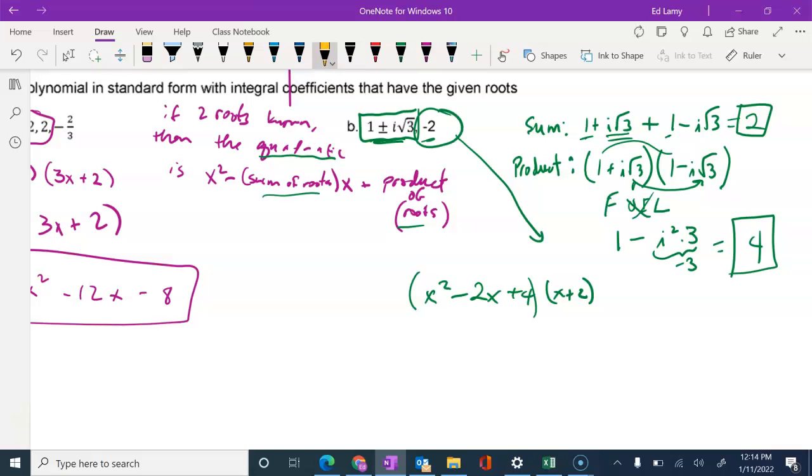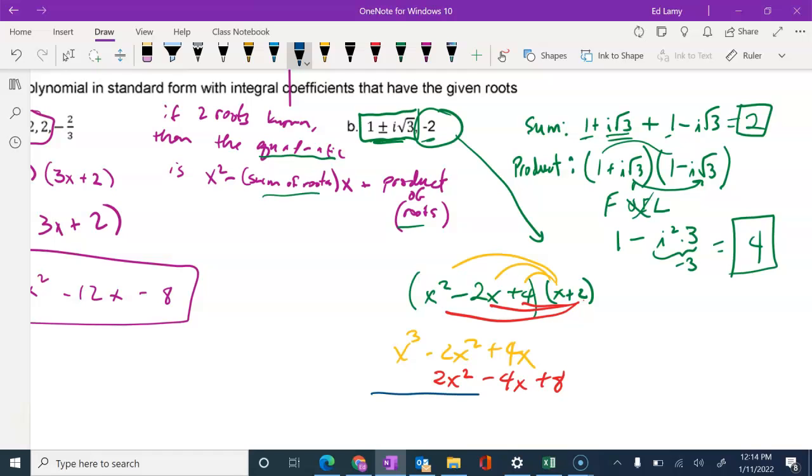I'm going to distribute the x 1, 2, 3 times. That'll be x to the third minus 2x squared plus 4x. And I'm going to distribute this 2, 1, 2, 3 times. 2 times x squared is positive 2x squared. 2 times negative 2 is negative 4x. And 2 times 4 is positive 8.